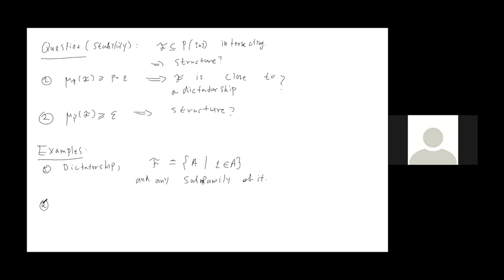More generally, you can design a family which is obviously intersecting, and then take any subfamily of that. For example, you can take the family of all sets that contain at least two of the elements 1, 2, 3, and again, any subfamily.